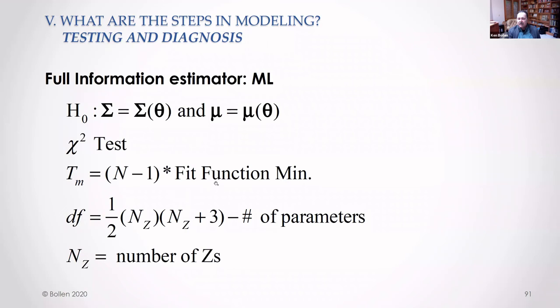A few slides back, I gave you that complicated fit function. If you take that fit function at its minimum and multiply it by n minus 1, you'll get a test statistic that in big samples follows a chi-square distribution. The null hypothesis is evaluated based on that chi-square test statistic with degrees of freedom that are given here.